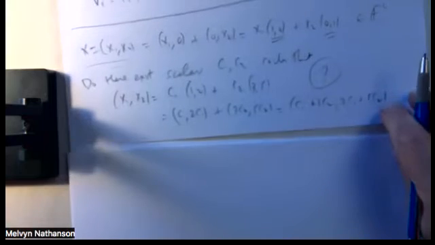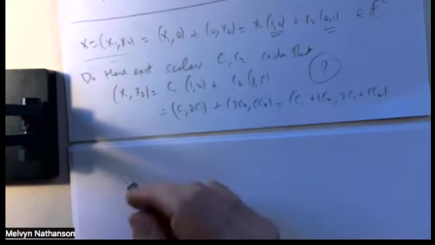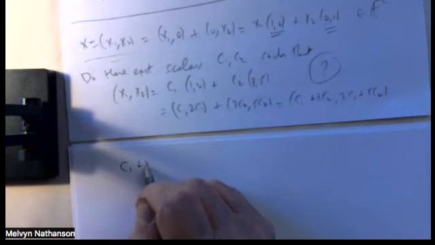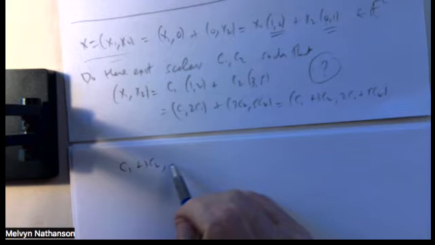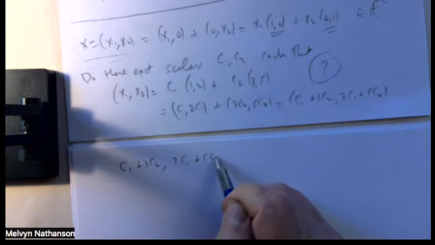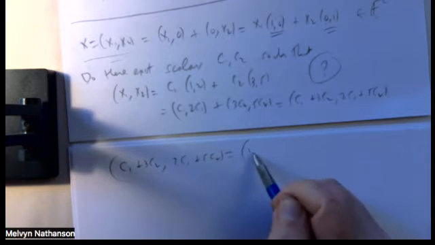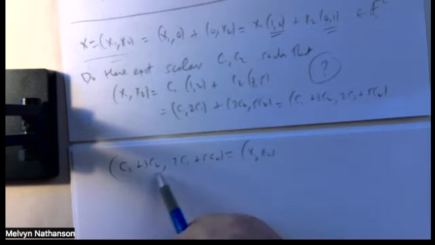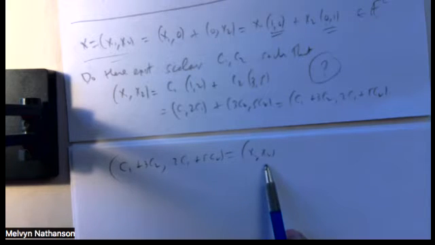So we want to solve the equations (c1 plus 3c2, 2c1 plus 5c2) equals (x1, x2). Can we find c1 and c2 that satisfy this vector equation?